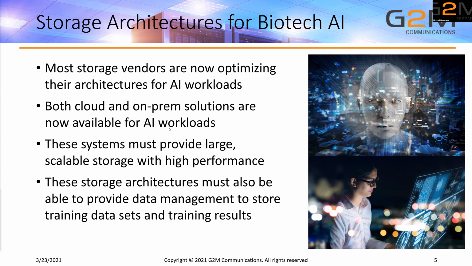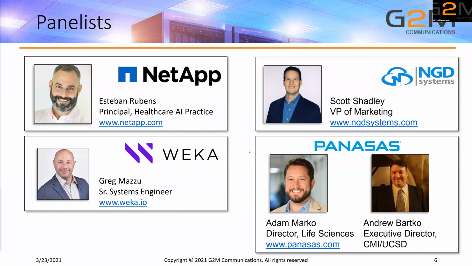In most cases, these solutions are available for both cloud and on-prem use. They have to provide a large amount of scalable storage with high performance. They also have to provide data management to store the training data sets and training results, so that when you go back later and look at how your models did, you have data to compare against and can rerun that data going forward. Those are some of the topics our panel sponsors are going to address.